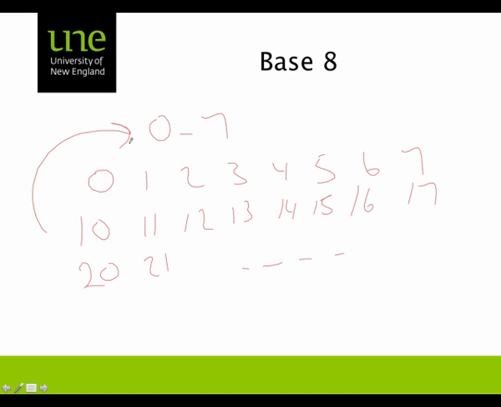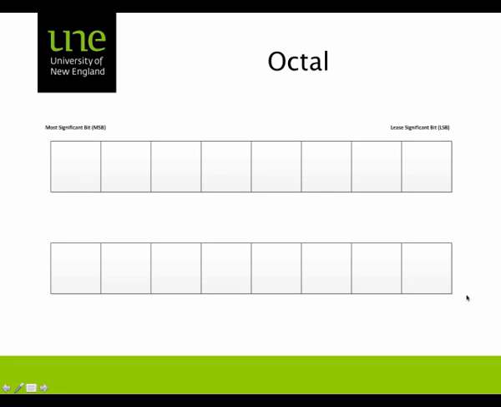And it just so happens in base 8 we need 3 bits to represent one digit in base 8. Let's see what we mean. Base 8, as we said, is octal.